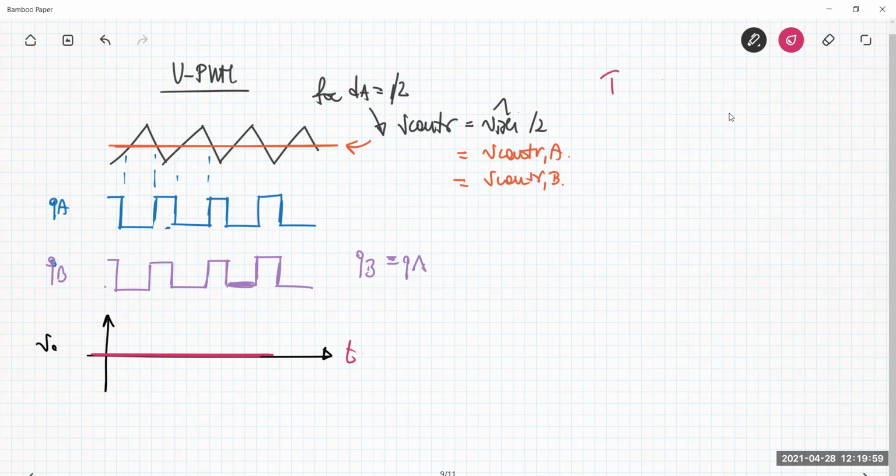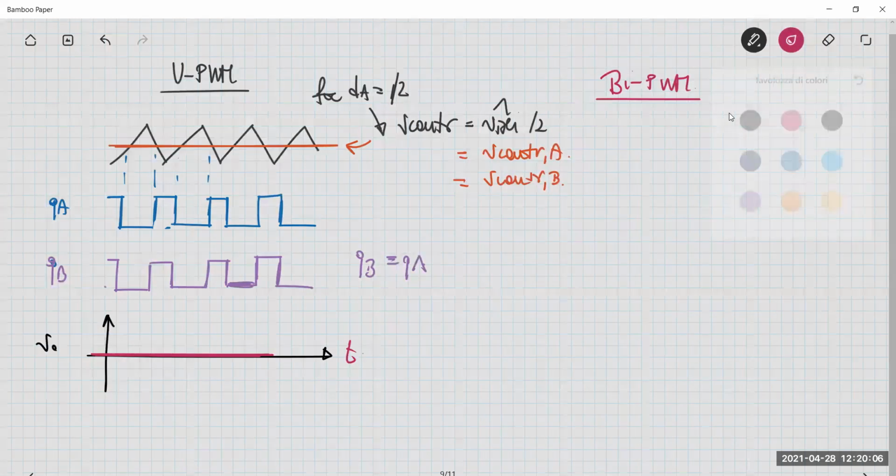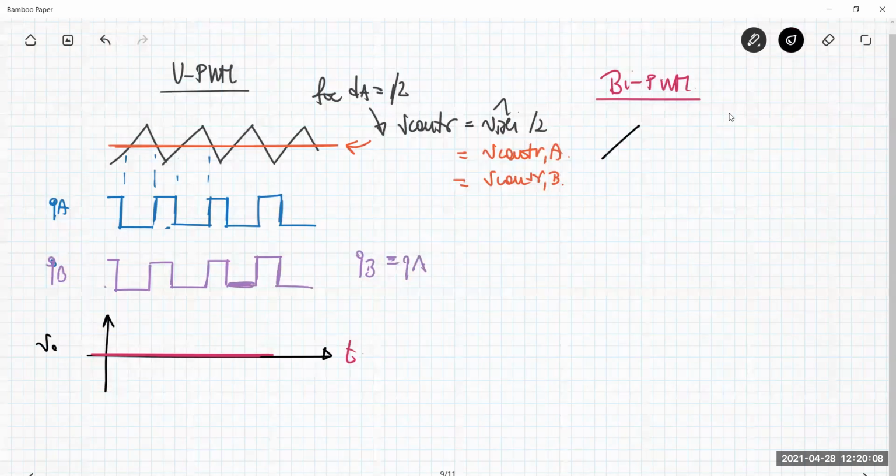So, bipolar pulse width modulator. What happens when the duty cycle is 1/2?